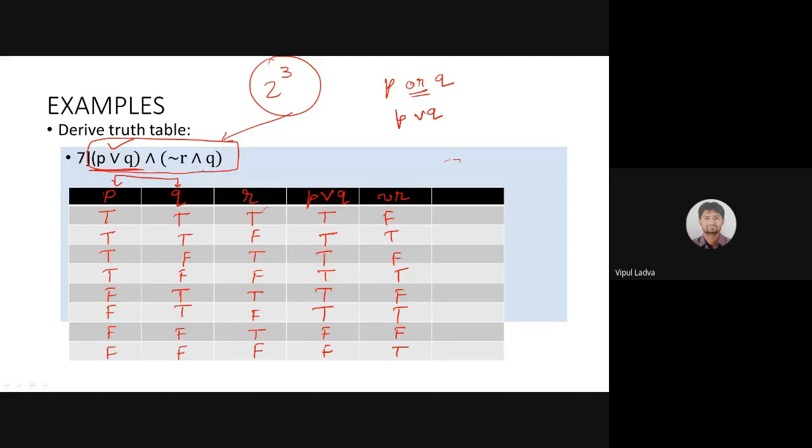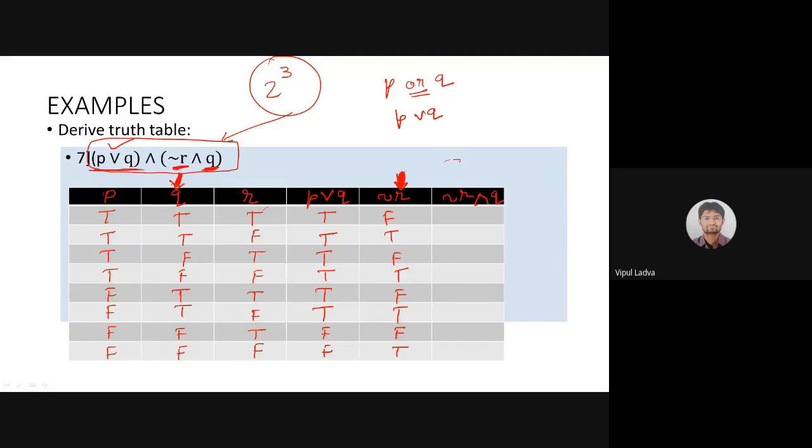Now I need the conjunction of negation of R with Q. Negation of R, conjunction with Q. That means I will be focusing on just 2 columns. Let me erase this. I will be dealing with negation of R, this particular column, as well as Q, this column.